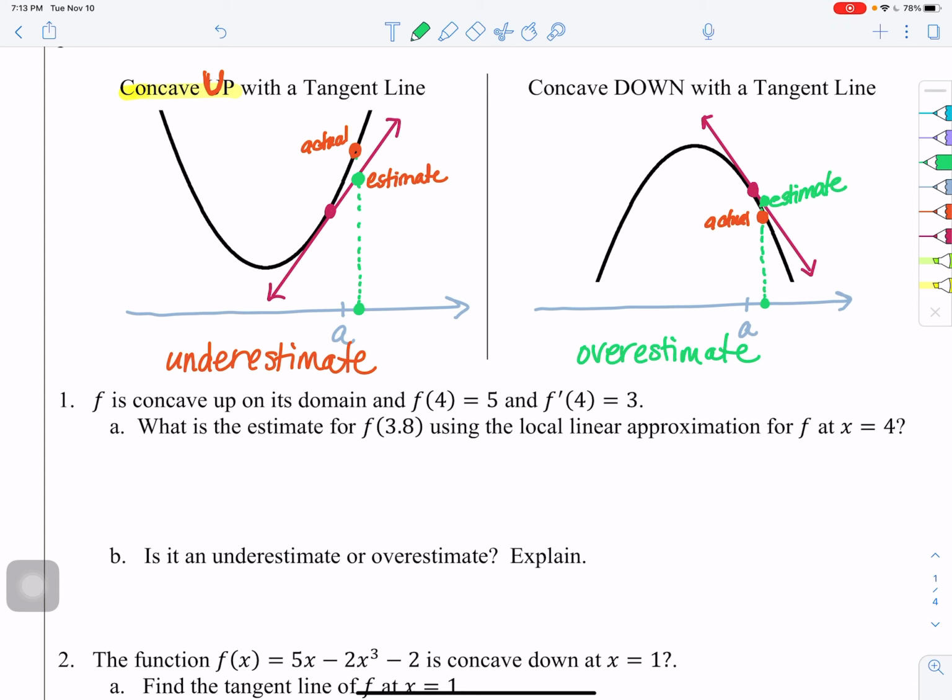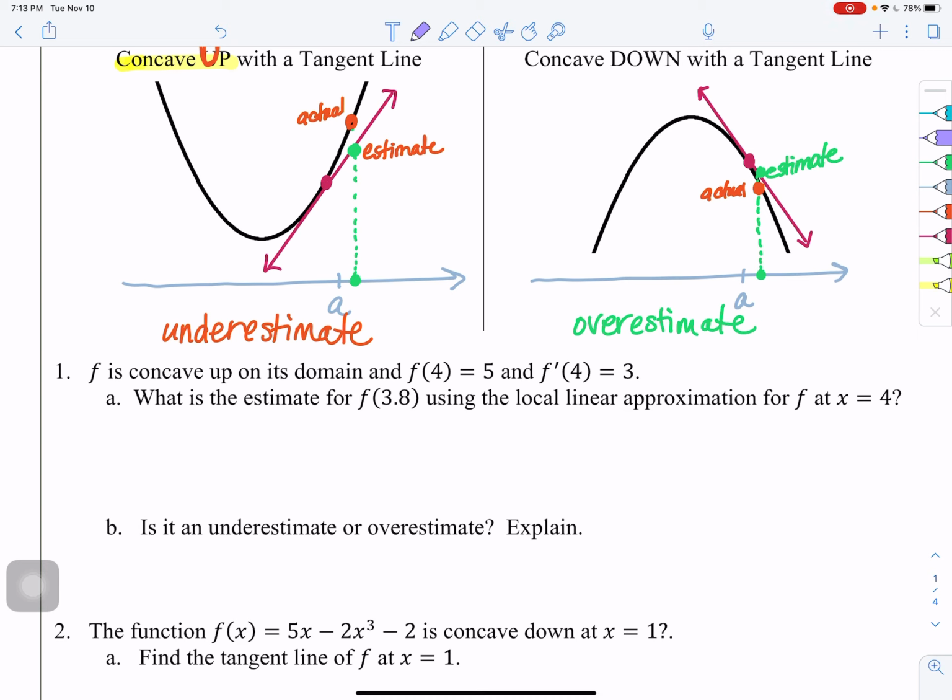And so we're talking about a function that is concave up. And you know, it may be that right after you see concave up, you actually draw a curve that is concave up.